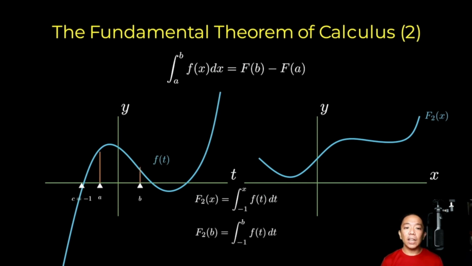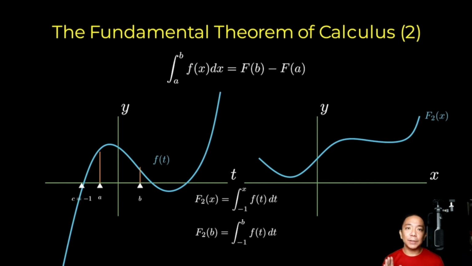So here, pinlot ko muna dun sa function sa left yung locations ni point A at point B. And ang objective natin ay mahanap yung value nung definite integral from A to B ni lowercase f. So yung area nung region na bounded by lowercase f, x equals A, x equals B, and the x-axis dun sa kaliwang portion ng graph.